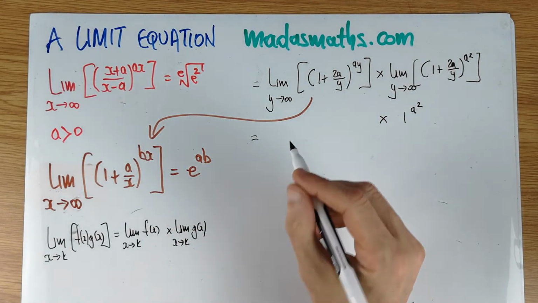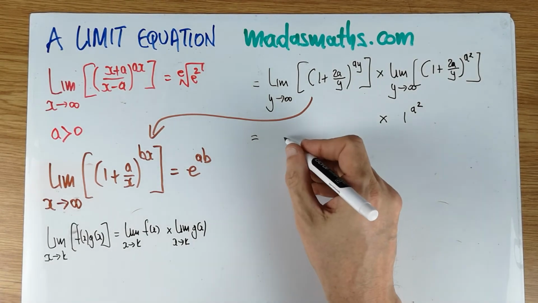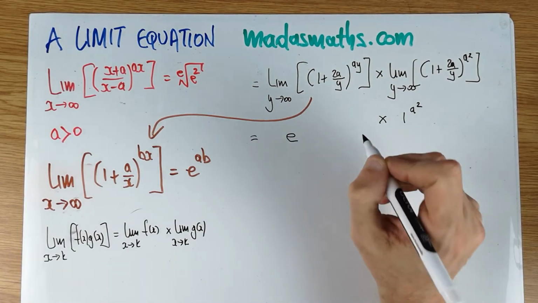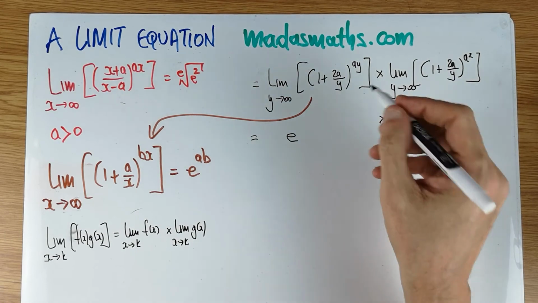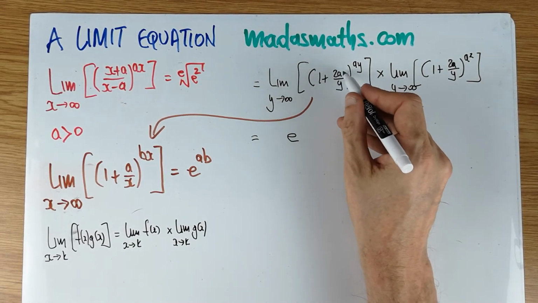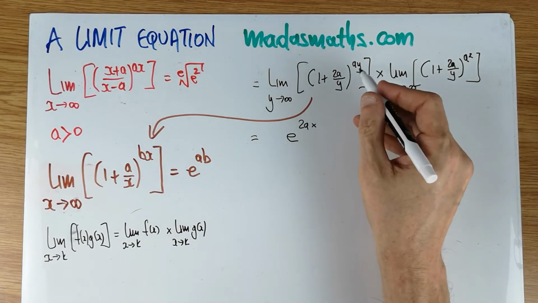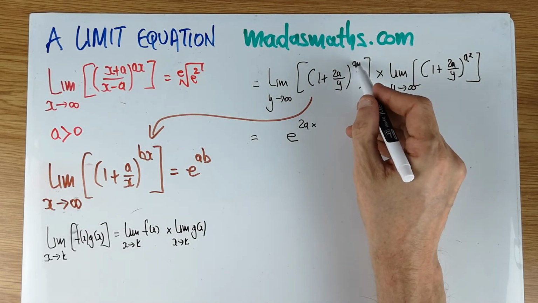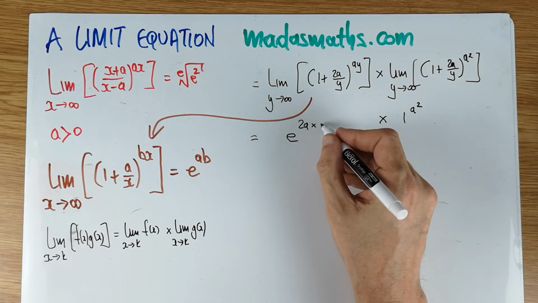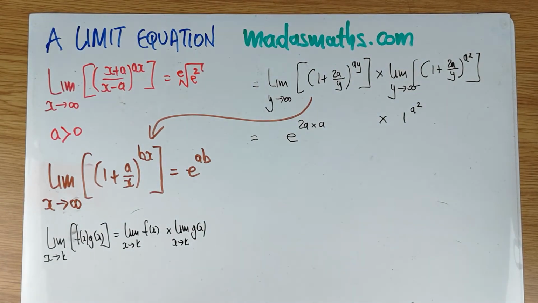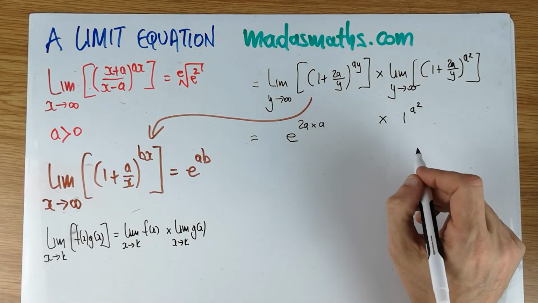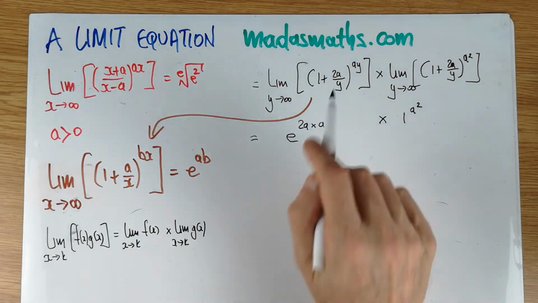So looking at this, it is going to be e to the power of that times that, your b basically, times a from there. Just check that you follow where the bits come from.